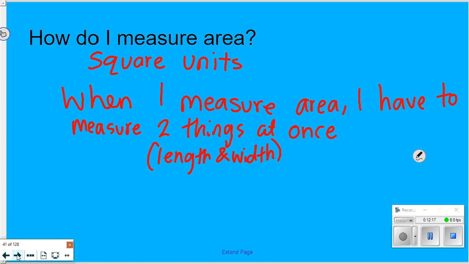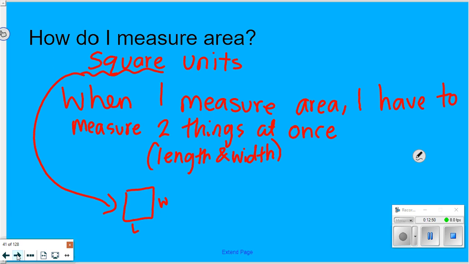So my square units already have my length and my width. That's why I'm using squares. Because it's got the two things that I need. It's got length and width. If I'm writing, you're writing. If there's something on my board, you're writing it in your notebook. I already passed third grade once.